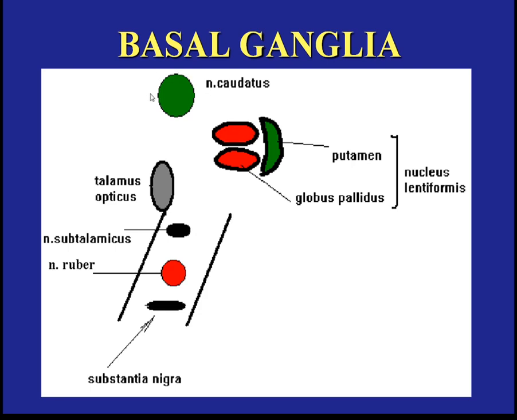Caudate nucleus, in Latin nucleus caudatus, nucleus lentiformis or lenticularis, putamen and two globus pallidus. In the midbrain, nucleus subthalamicus or Luys body, nucleus ruber, substantia nigra.